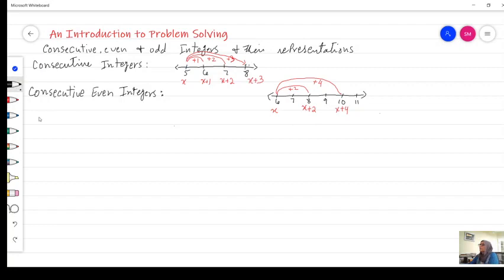Now let's go back for consecutive odd integers, and let's see how that goes.